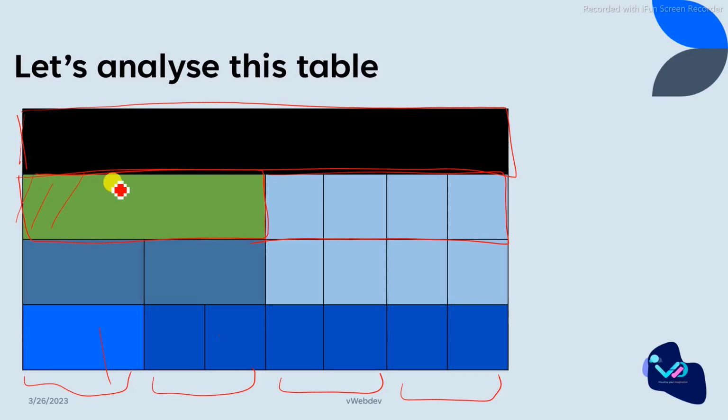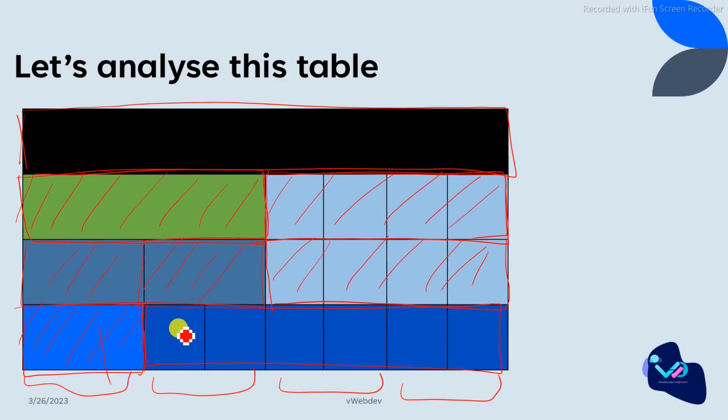The first cell is occupying 2 columns, and the second cell is occupying 2 columns along with 2 rows. My third row has 2 cells, 1 and then 2. And my fourth row has 1 TD, and my second TD is occupying the 3 cells.